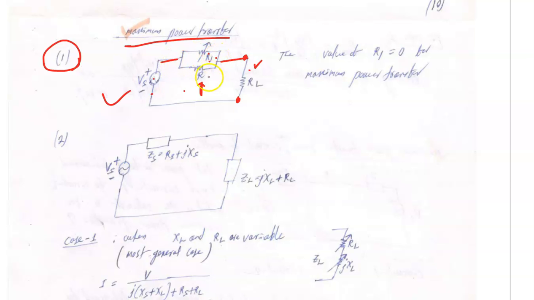This is R1 and RL. So what will be the value of resistor R1 for maximum power transfer?